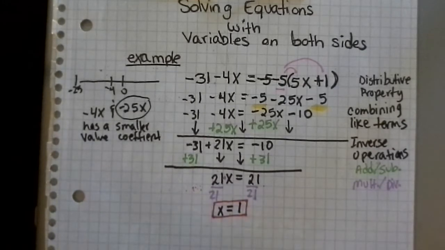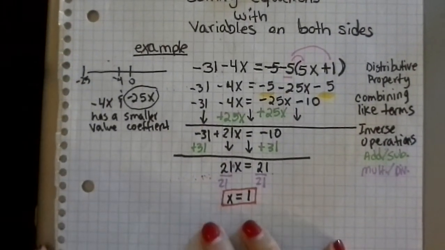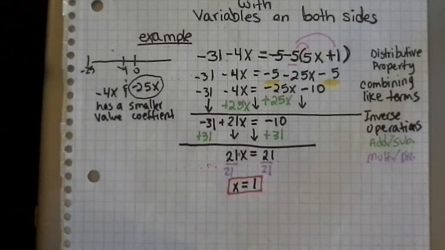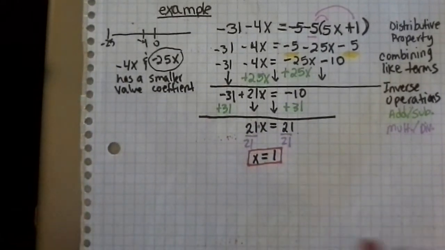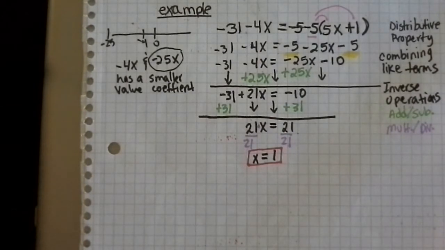So many steps. Make sure you explain it and you actually write it down. So how would I explain this problem? I would do it in writing. I would say I first used the distributive property. So this would be an explanation that I could write down.